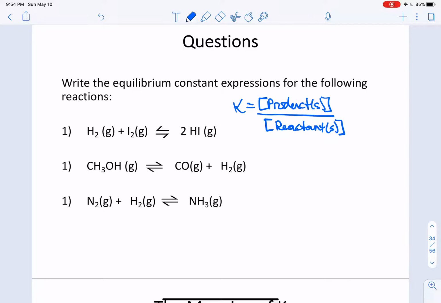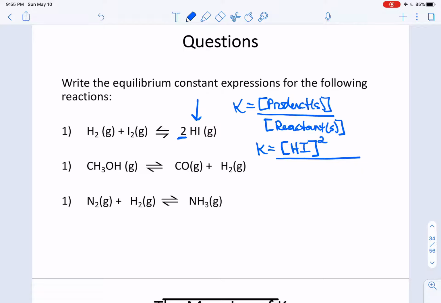So looking at this, our product is what? HI. So we'd write that our equilibrium constant is equal to the concentration of HI. And what am I missing there? I'm missing raising this to the second power.